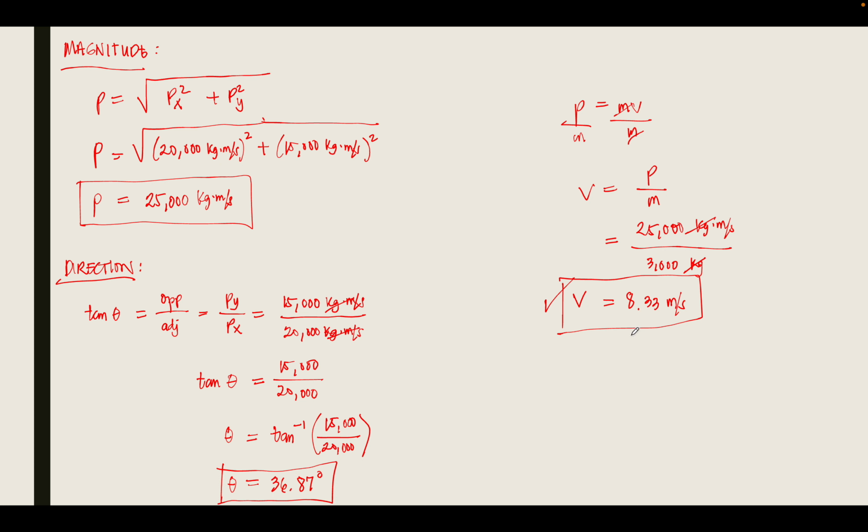We have this equation right here: VA1 plus VA2 is equal to VB1 plus VB2. Or the change in the velocity of body A, the initial and final velocity of body A, is equal to the sum of the initial and final velocity of body B.